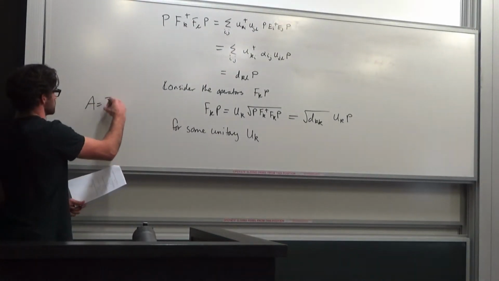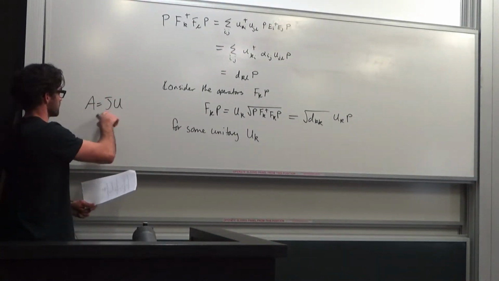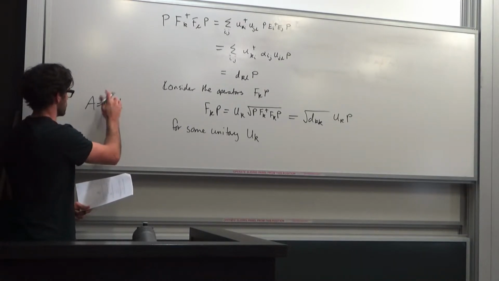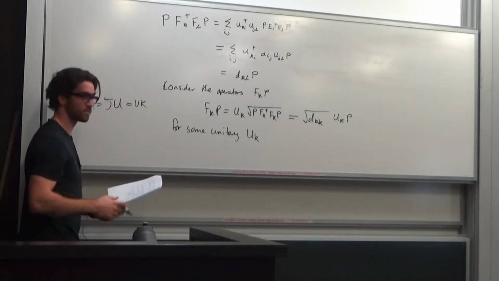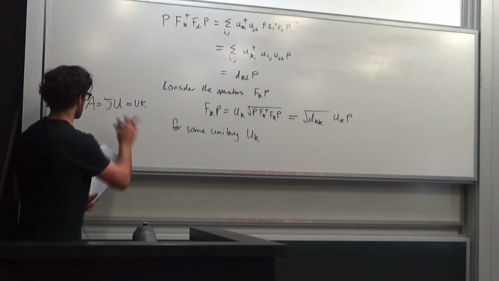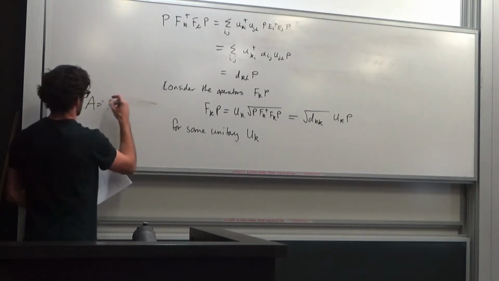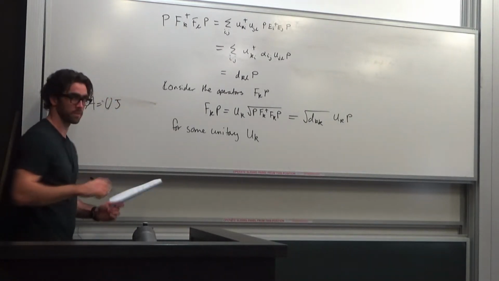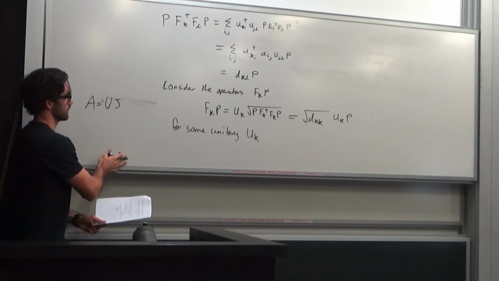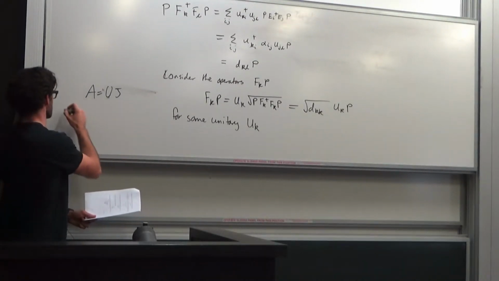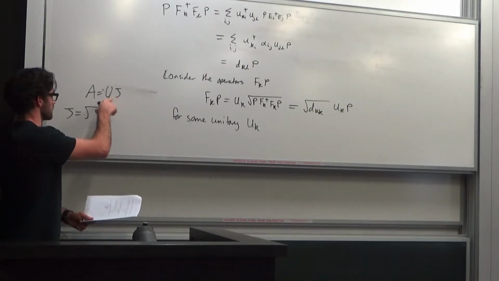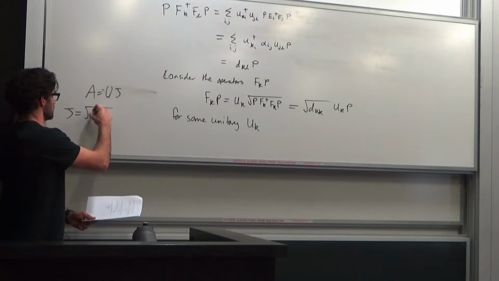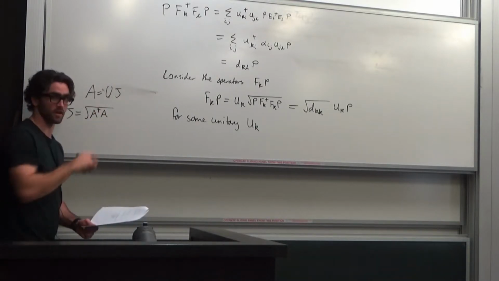So polar decomposition. This is a positive operator and a unitary. Have we got the wrong way around? And so we know that J is the unique solution to this, with U unitary, J defined like that.